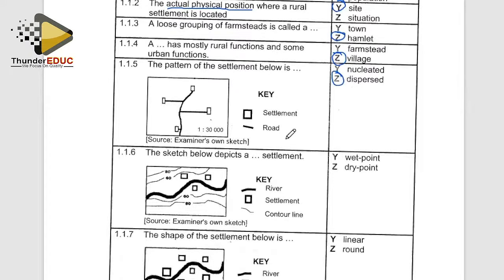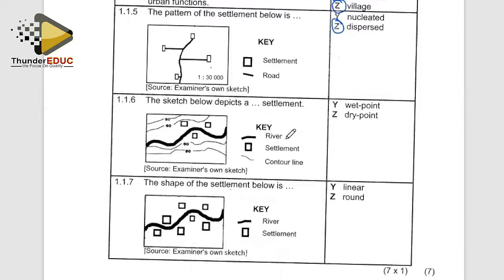Right, number 1.1.6, the sketch below depicts a dash settlement. Is it a wet point or a dry point? Remember, a wet point is located in such a way that we can easily access water. Water is a scarce resource, and we need to locate as close to the water source as possible. Then a dry point, there's risk of flooding in the area. Hence, we must settle at the safest place in terms of the flood line, above the flood line.